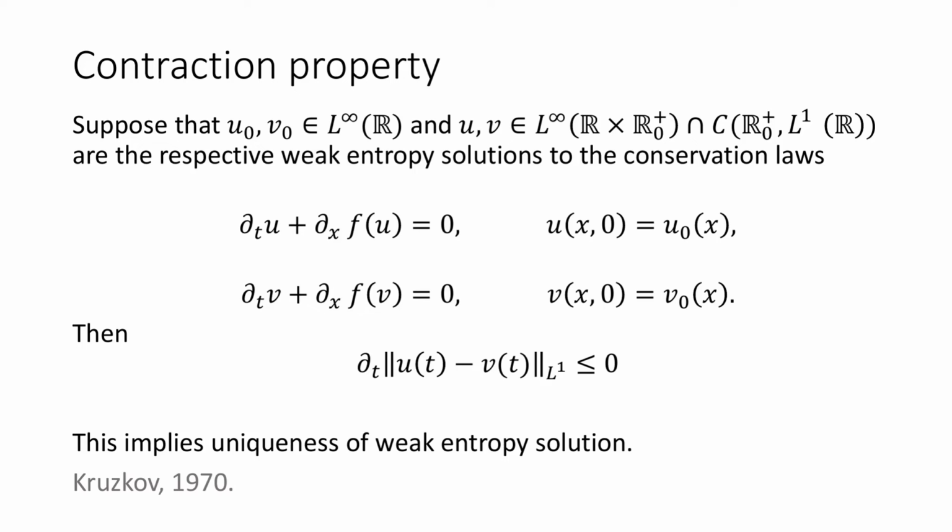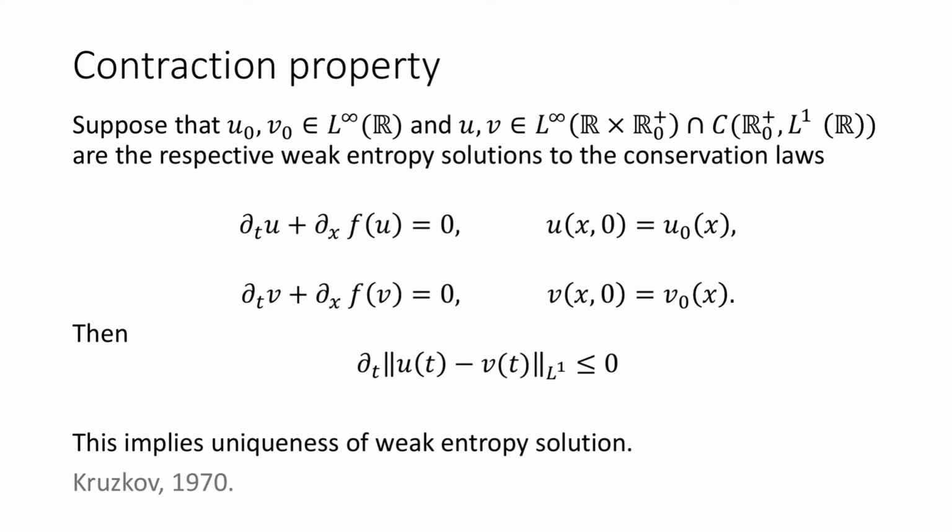Suppose that u0 and v0 are essentially bounded functions, which will serve as initial data, and suppose that u and v are the respective weak entropy solutions to the conservation laws with the corresponding initial data u0 and v0. u and v are essentially bounded in space and time, and we also assume that u and v define a continuous function from the time variable t into the space of integrable functions.